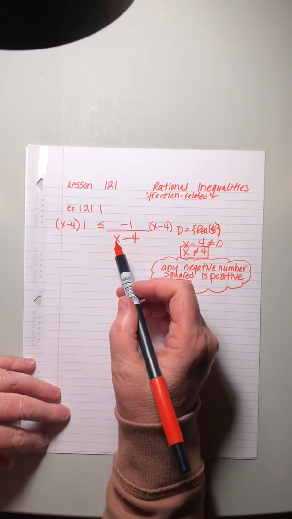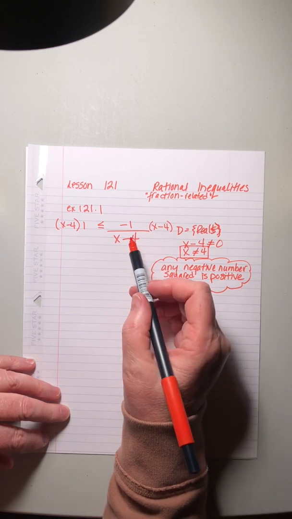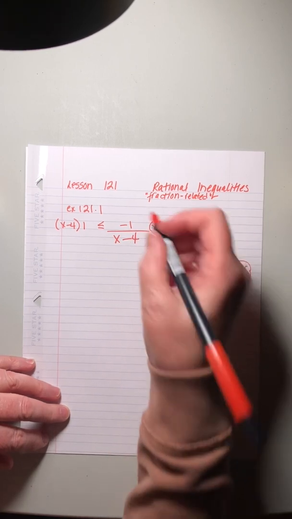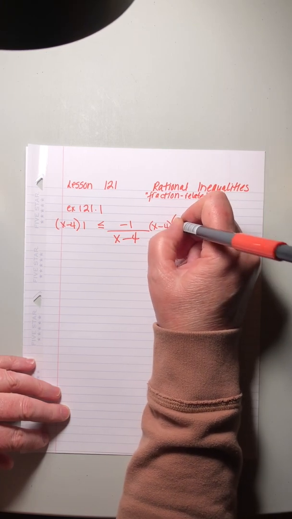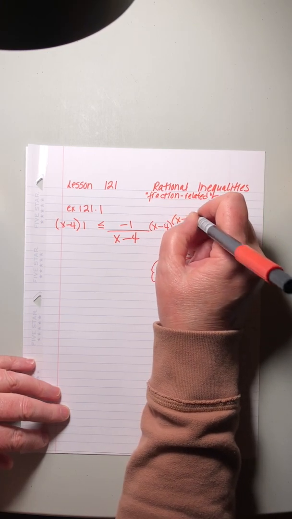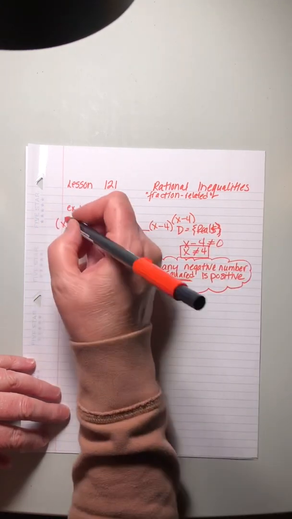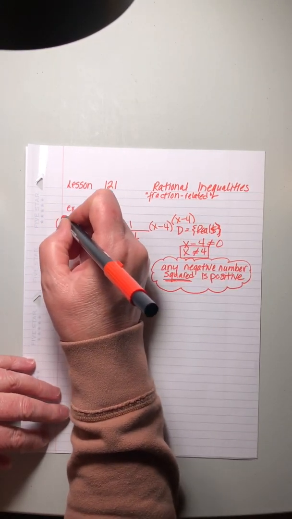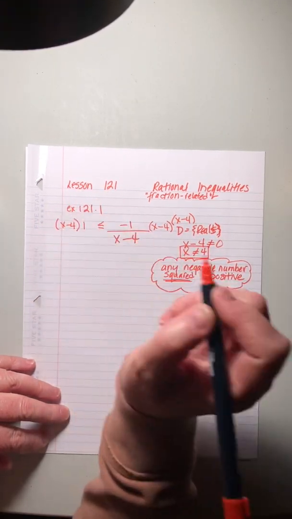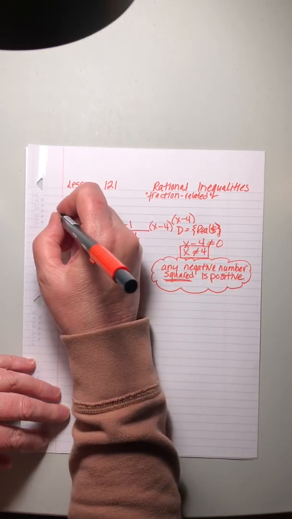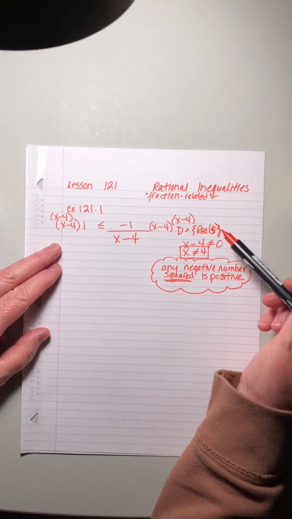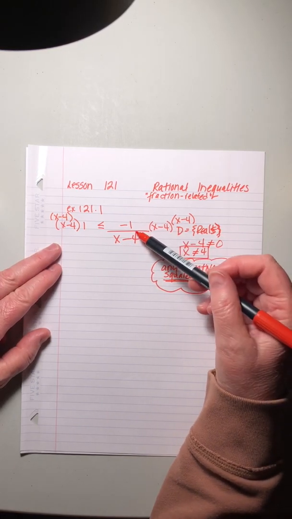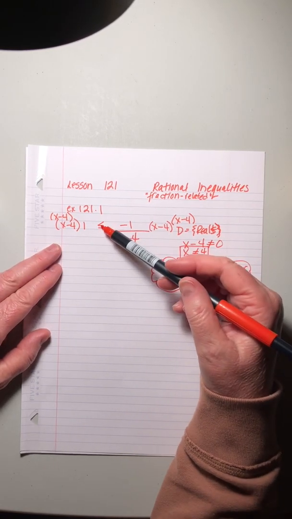So what we're going to do is instead of multiplying by the denominator once, we're going to multiply it twice. And I'm going to write it out both times. We're going to multiply it by the denominator squared so that we're guaranteed that it's positive, and then we don't have to fool around with this.